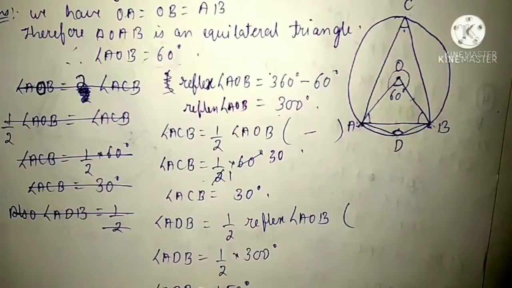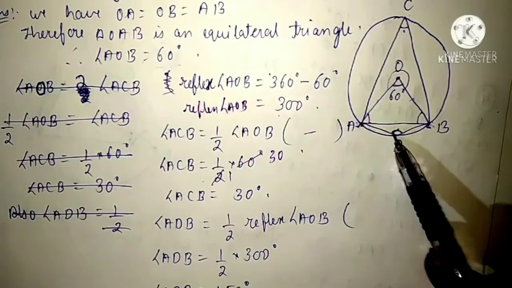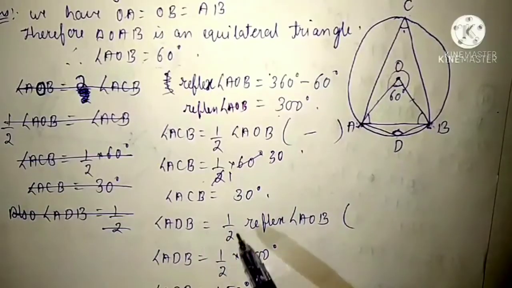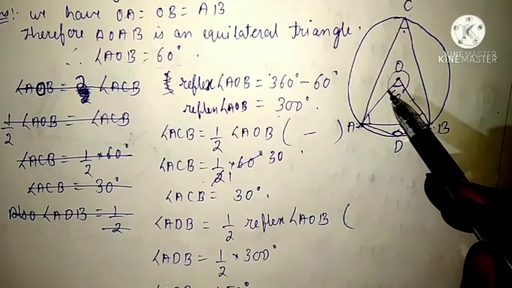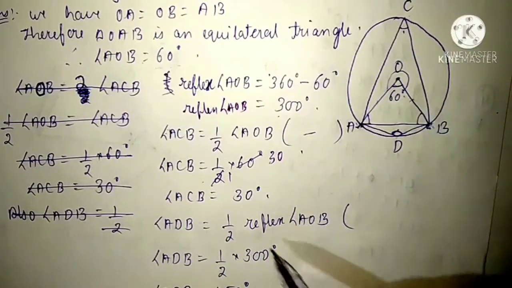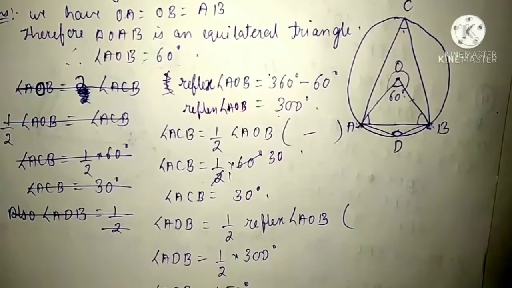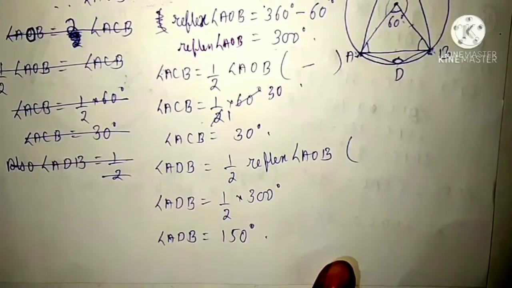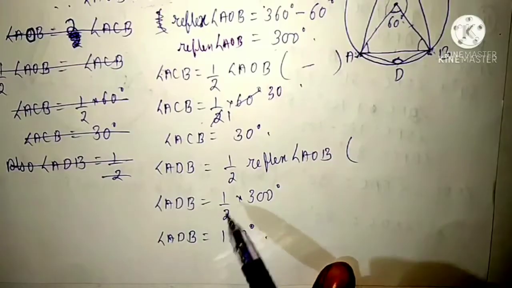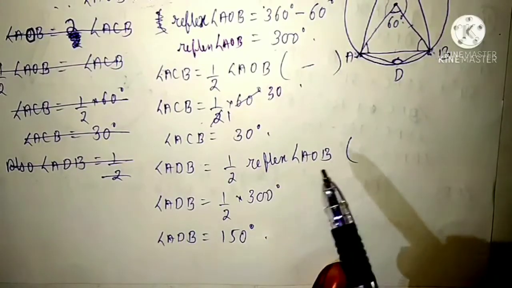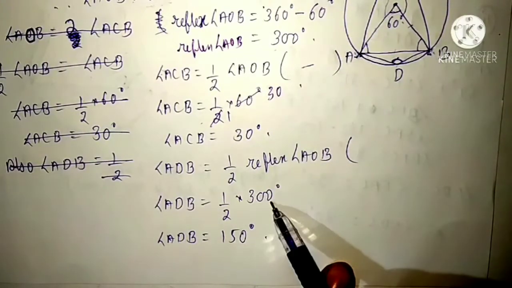So we can write angle ADB will be equal to half of this reflex angle AOB. Now angle ADB will be equal to half of reflex angle AOB, which is 300.